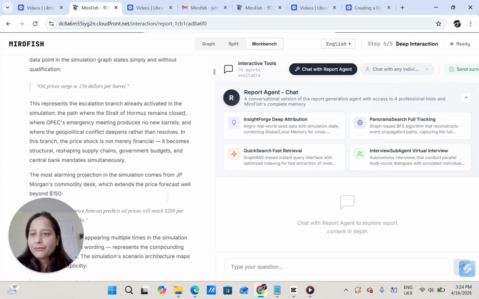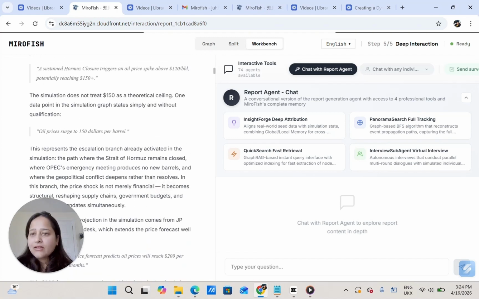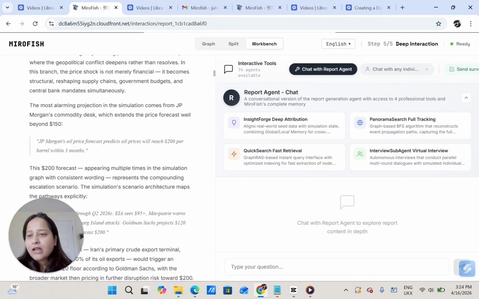And honestly, here you can see the simulation does not treat $150 as a theoretical ceiling. One data point in the simulation graph states simply and without qualification: the most alarming projection in the simulation comes from JP Morgan's commodity desk, which extends the price forecast beyond $150.